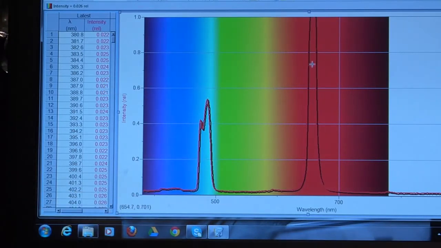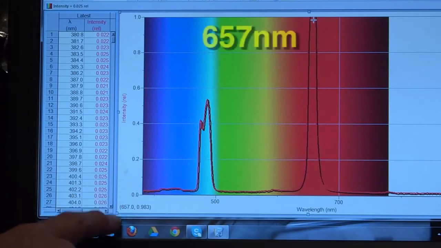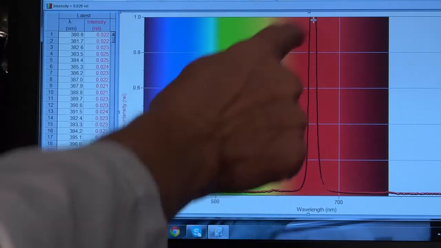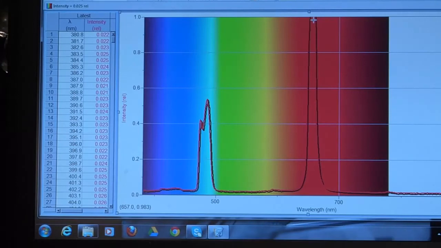If we move over to this peak up here, it's 657 nanometers. So those three in the visible are characteristic of hydrogen. No other element is going to give you that same three wavelengths.